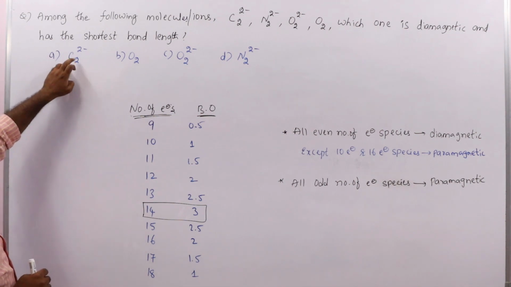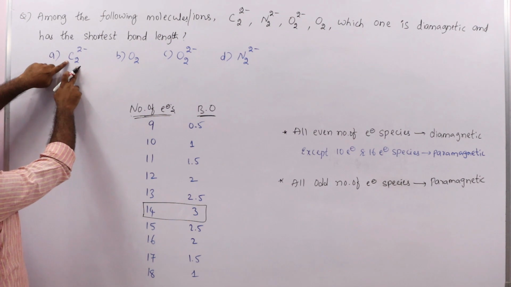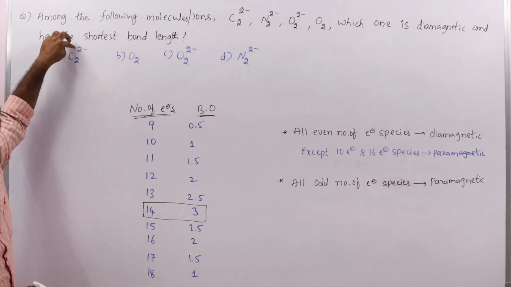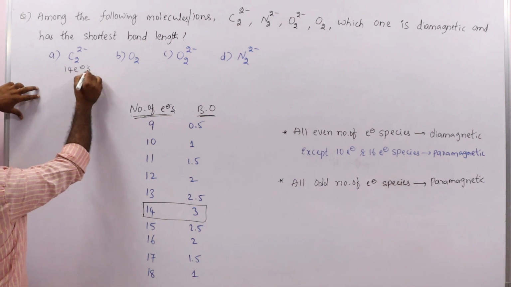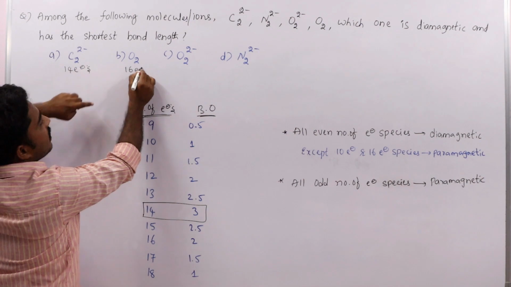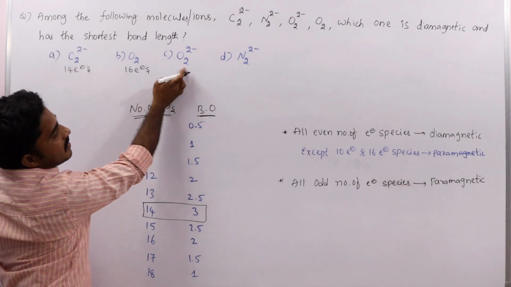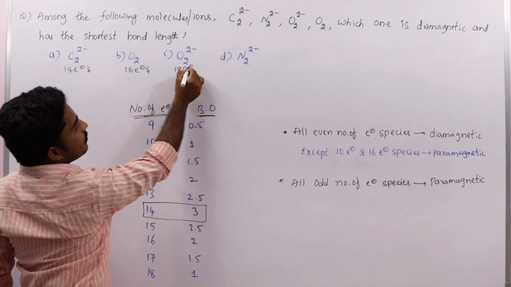Here C2 2 minus means how many electrons are there? C2 contains 12, and 2 minus is there, that's why totally 14 electrons are present. O2 is 8 plus 8, 16 electrons. O2 2 minus is 16 plus 2, 18 electrons.